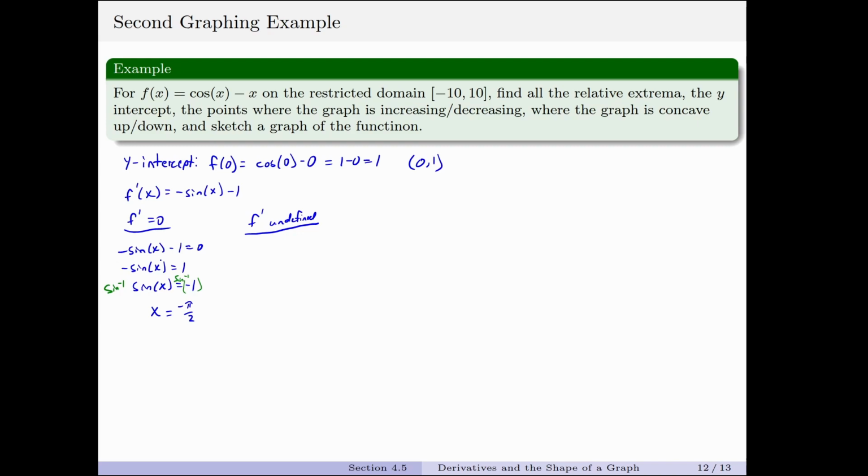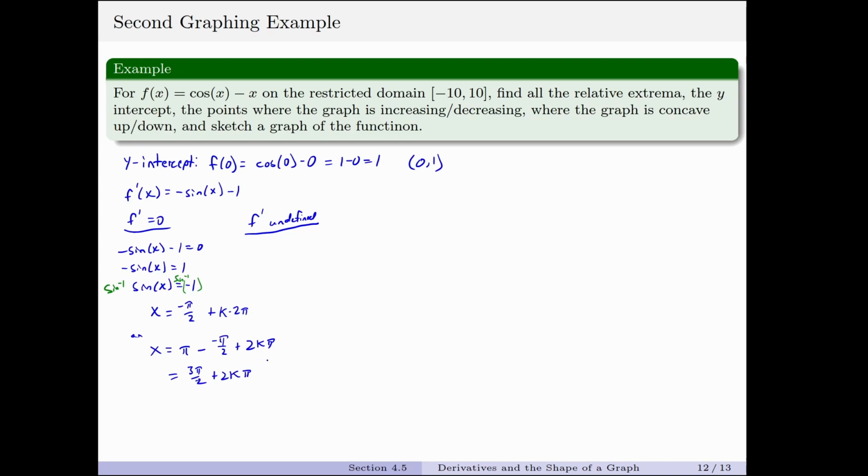Remember that this gives me one solution. When I'm solving a trig equation, I get infinitely many. So I could have any multiple of 2 pi, or x could be pi minus this answer. And pi is like 2 pi over 2, minus a negative is plus pi over 2. So that would be 3 pi over 2 plus 2k pi.